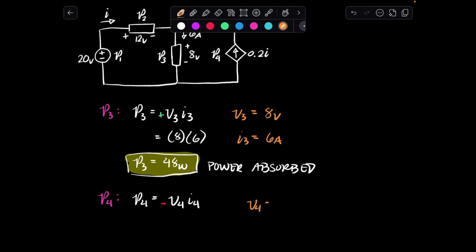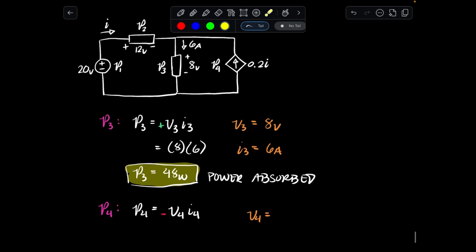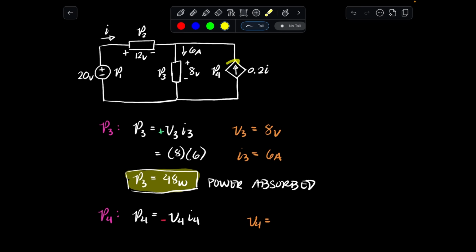And so for V sub 4, let's think about what the voltage is across this element here. Well, we see that this element is connected to the same nodes as this element, which has a voltage of 8 volts.